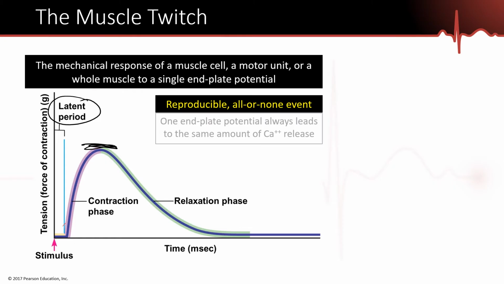It's nowhere near the maximal amount of force the fiber is capable of generating. It would be way up here, right? This is how much force the muscle fiber could generate, and this is how much force it did generate with a twitch. Muscle fiber twitches are always submaximal force.